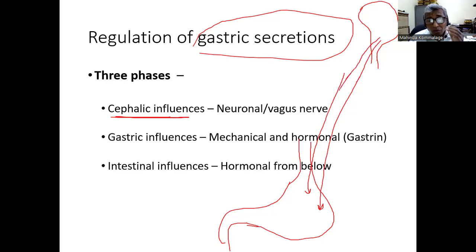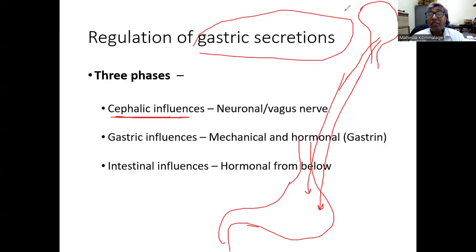So to get afferent input, or to stimulate and send some sort of input to the brain, we have the nose for the smell, the eye when we see the food, or even thinking.